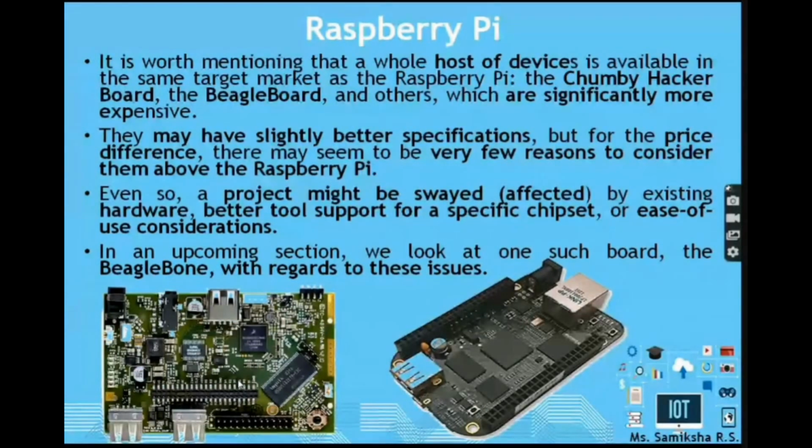It is because any project in your physical computing can be affected by the hardware, the better tool support for a specific chipset, and the ease of use. All these things are always affecting a project. So if we keep Raspberry Pi in these issues, we definitely see that Raspberry Pi fares well.